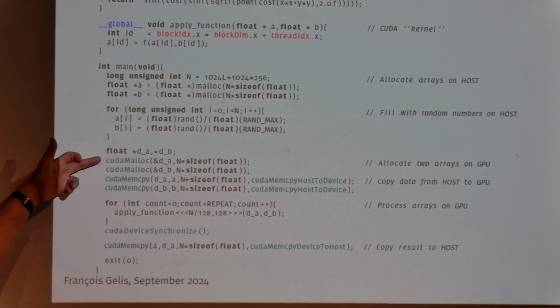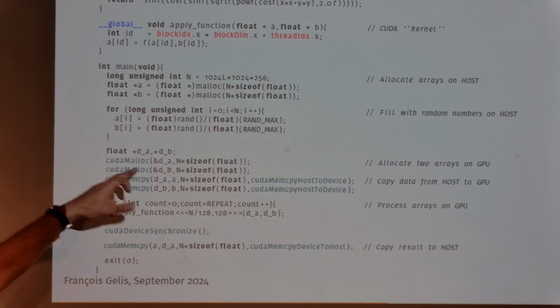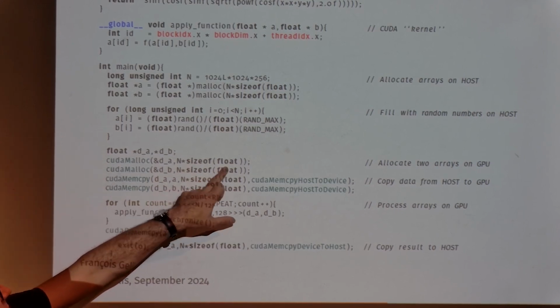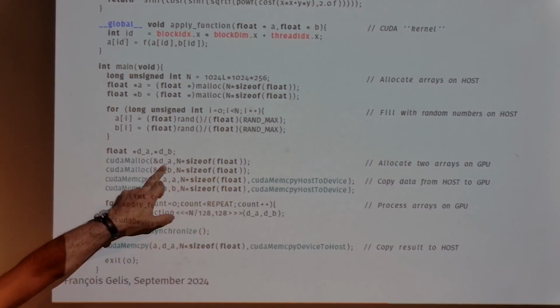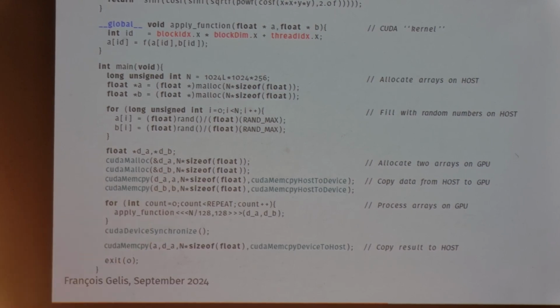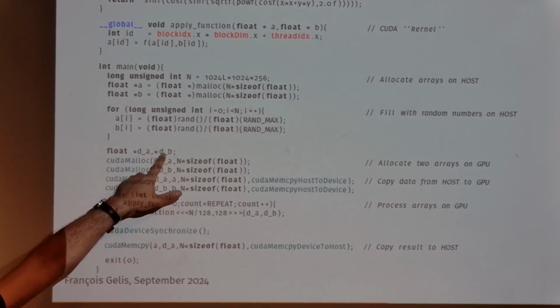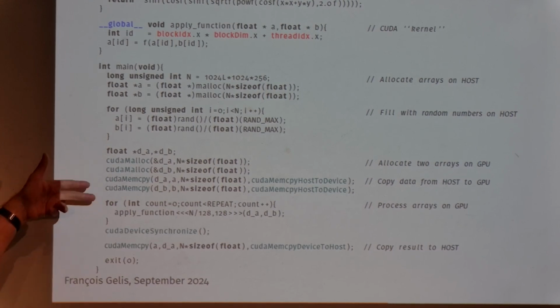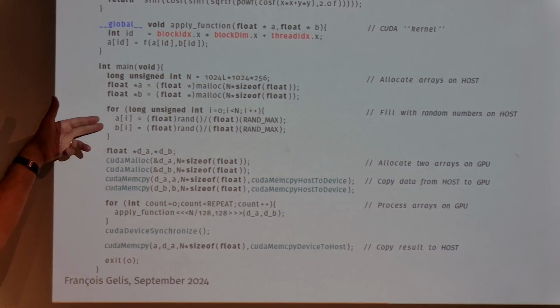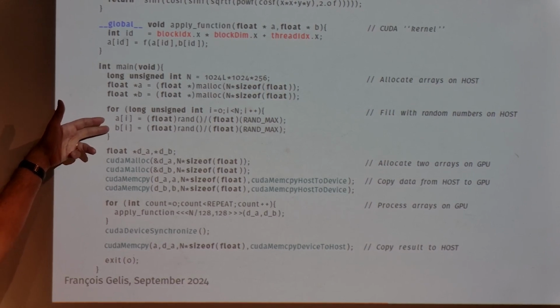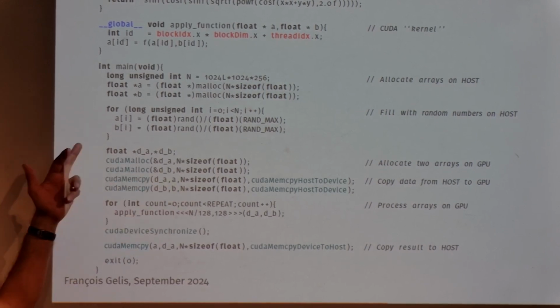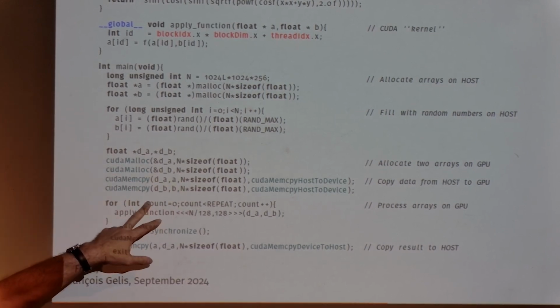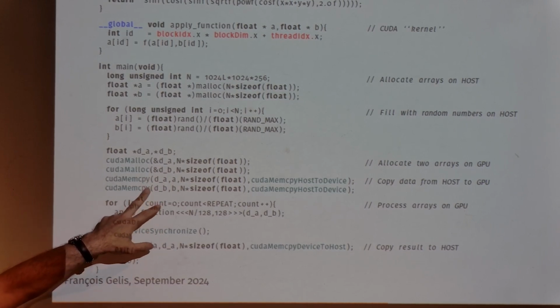So here you just say reserve n times the size of a float and put it at this address, or rather tell me the address in this variable, and the same for the second one. The next two instructions will copy this random data I've calculated on the host, and they will copy it to these arrays that live on the GPU.